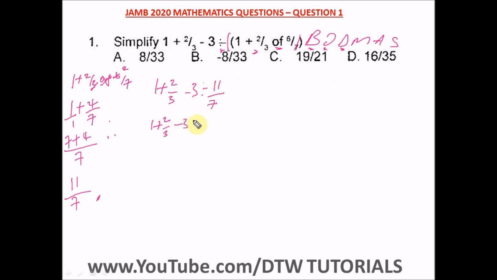When we flip this, we turn this to multiplication, hence we have to flip this over. So we have 7 over 11. When we solve for this, we have 1 plus 2 over 3 minus 3 times 7, 21 over 11. So now we are down to 1 plus 2 over 3 minus 21 over 11.